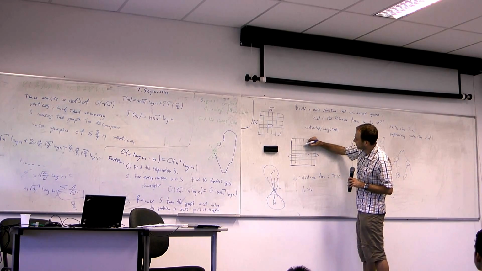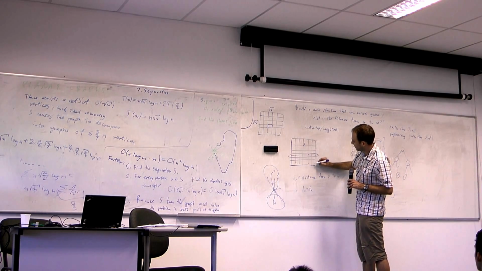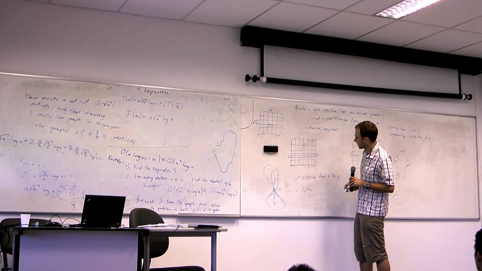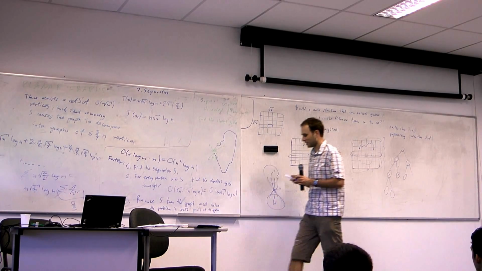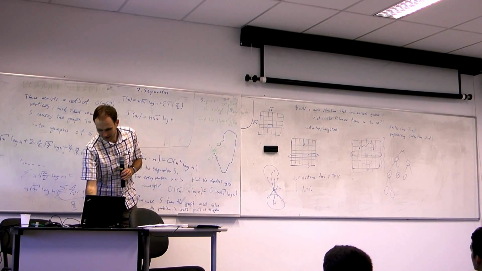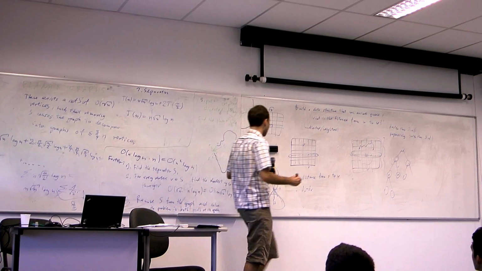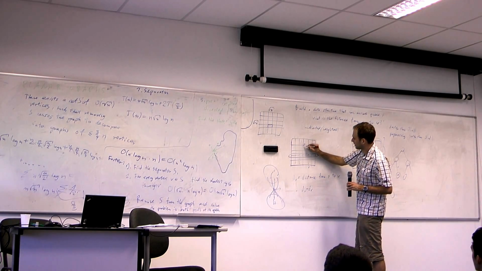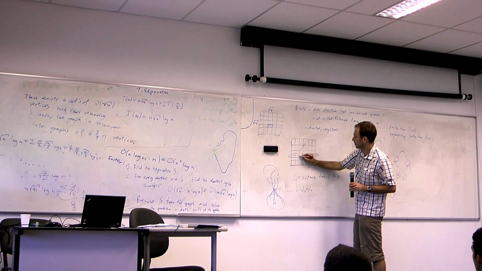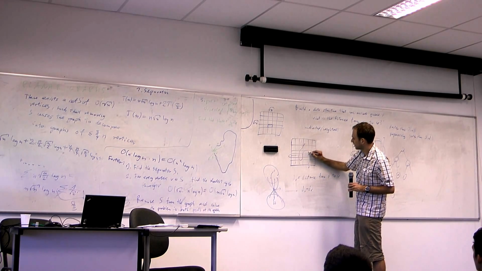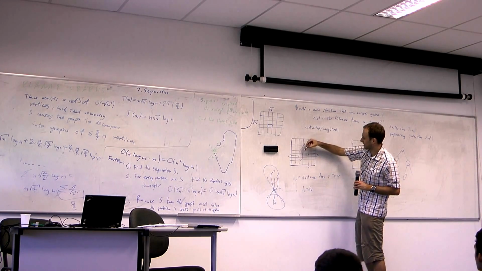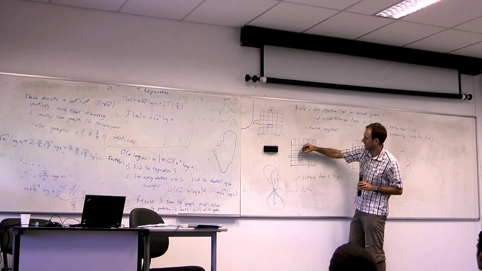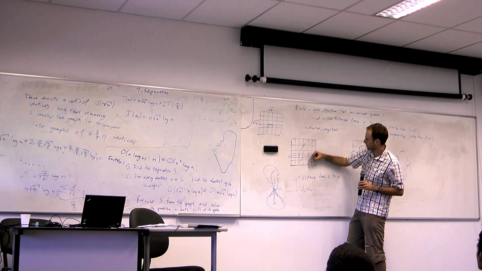And now, if you'd like to find the distance between U and V here, then obviously the shortest path has to go somehow through this separator. It might go like this, might go multiple times. But there is at least one vertex of the separator which the path goes through.